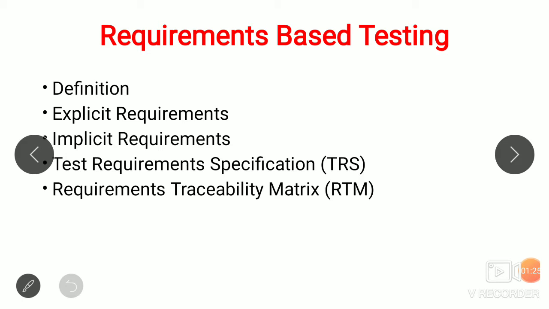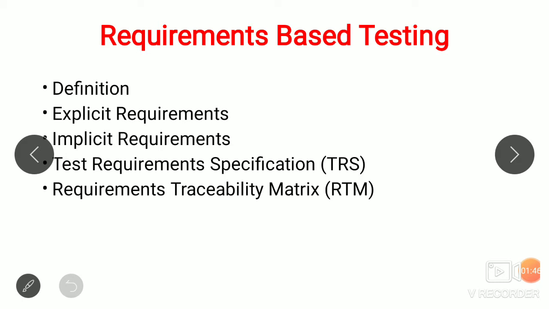Explicit requirements are stated and documented as part of the requirement specification. Means these requirements are given by the customers and you are going to document them. These are called explicit requirements. Then what is meant by implicit or implied requirements?